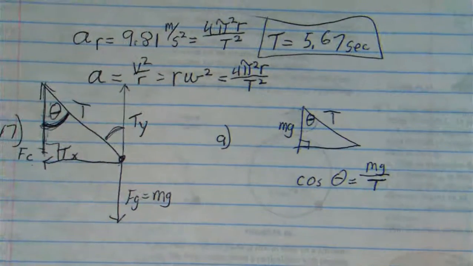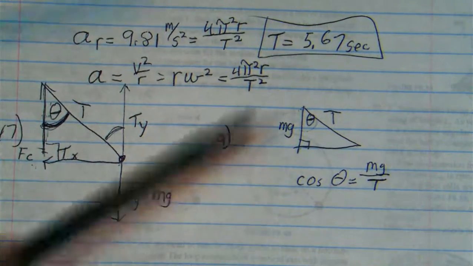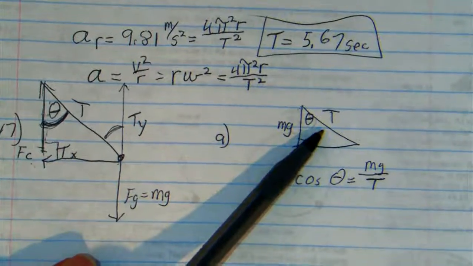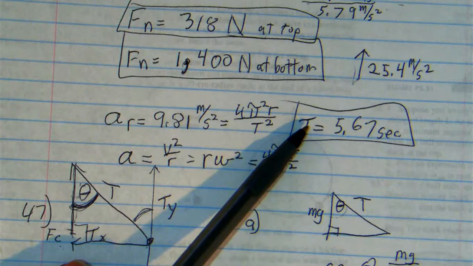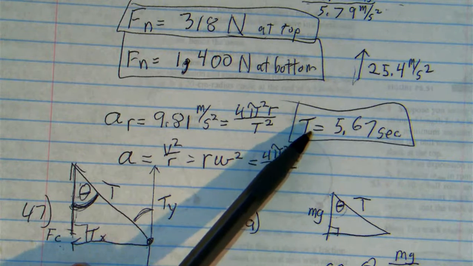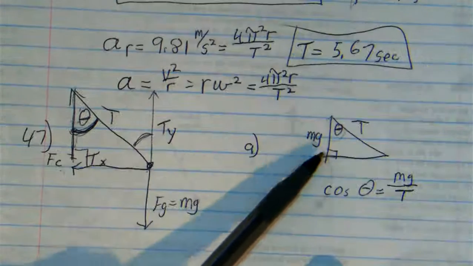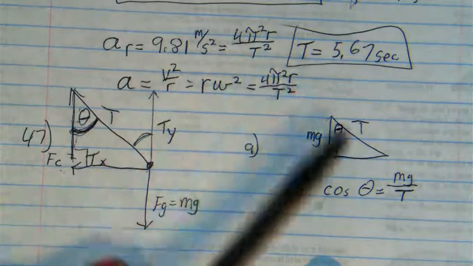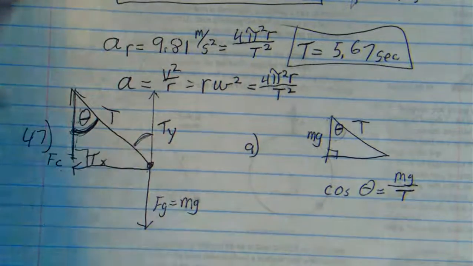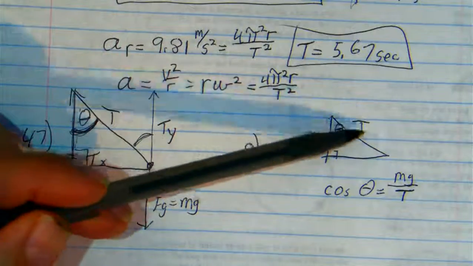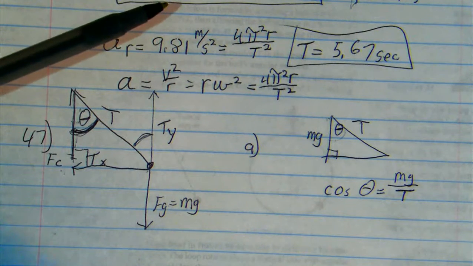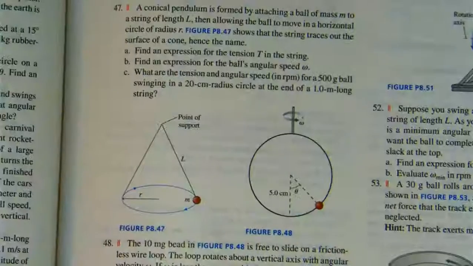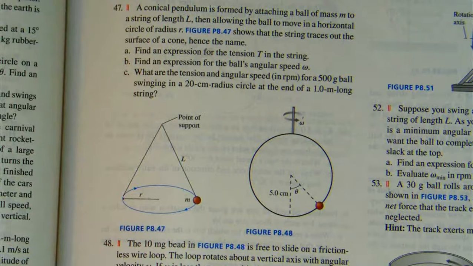And by the way, I really should caution you, capital T is tension, but in the previous problem, capital T was the period of revolution. They're both capital T. So you have to tell by context which variable we are referring to. In problem 47, capital T is currently the tension. We're down to about a minute of class time.